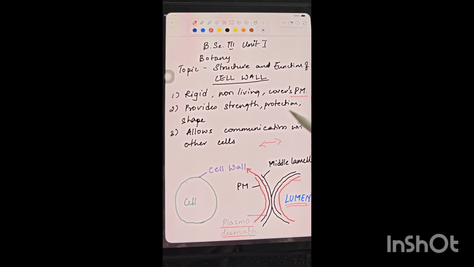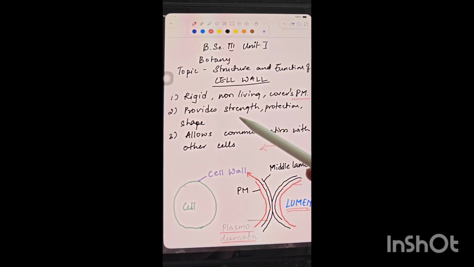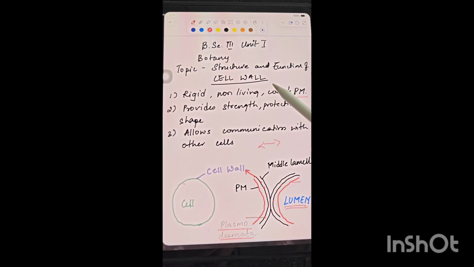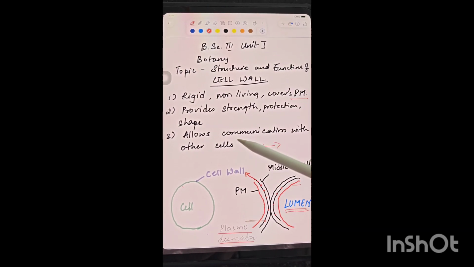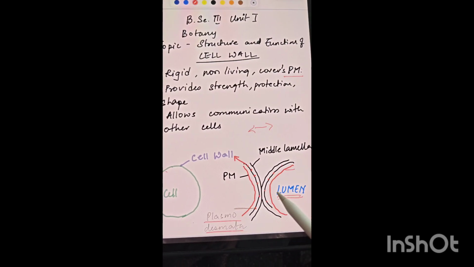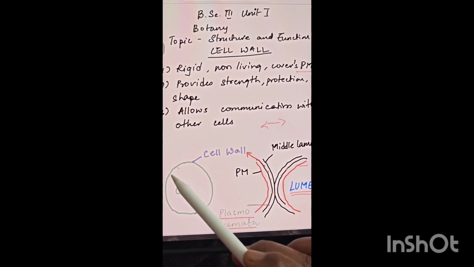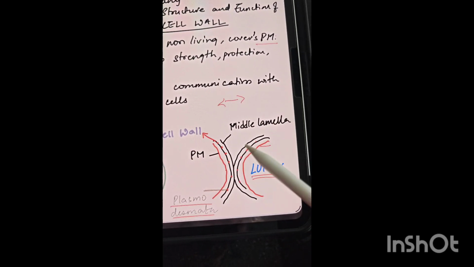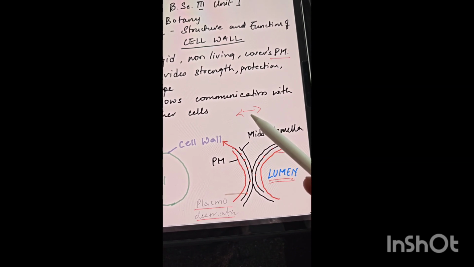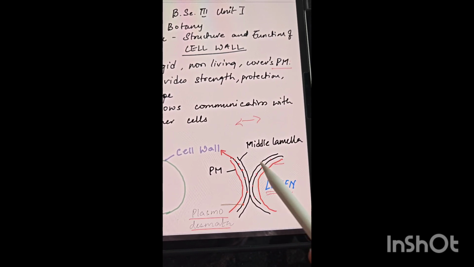So it is a kind of two-way process. In the same way, the cell wall which covers the cell communicates with the other cells present nearby, the neighboring cells. Suppose this is a cell having a cell wall. The cell wall is not just a single layer structurally, it is more complex if we look closely.